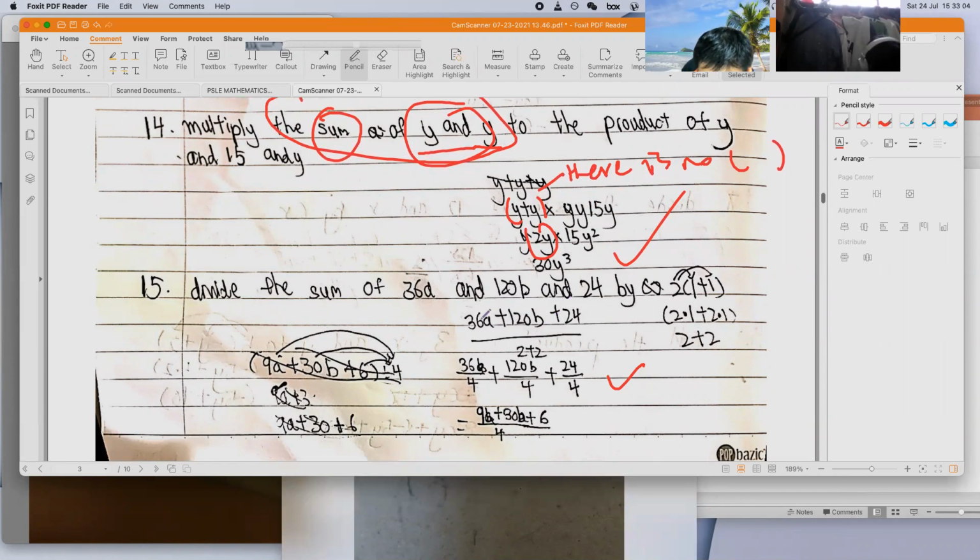Huh? Wait a moment. I thought this one you divide by 4, you get 9. This one divide by 4, you get 1. This one you get 4, you get 30. Then why do you still have a 4 here? Right? How come you still have a 4?